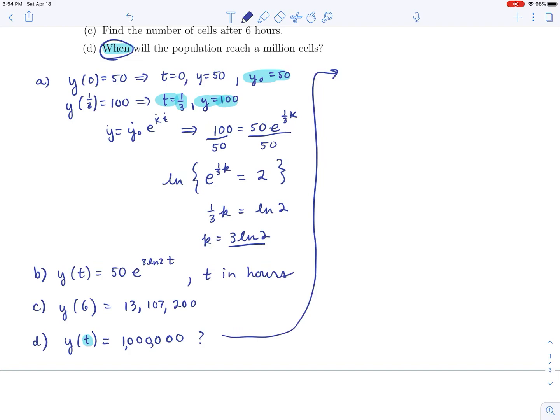If we look at our model here, we're going to set this 50 e to the 3 ln 2 t equal to 1 million. And so we get e to the 3 ln 2 t is equal to 20,000.